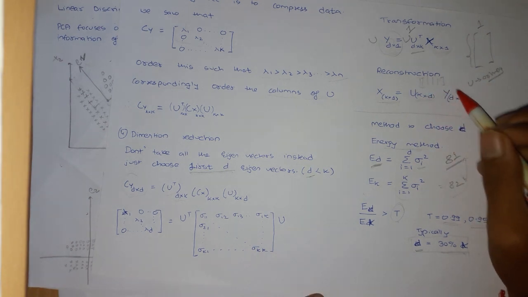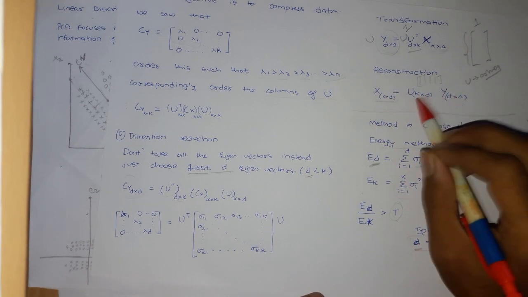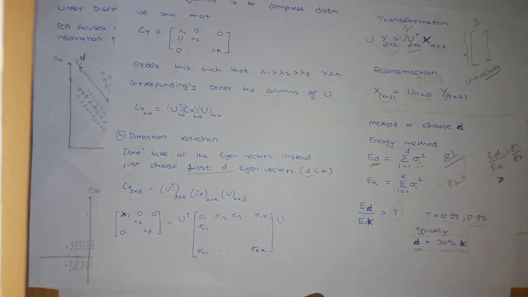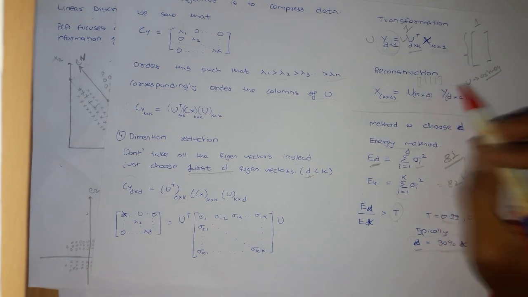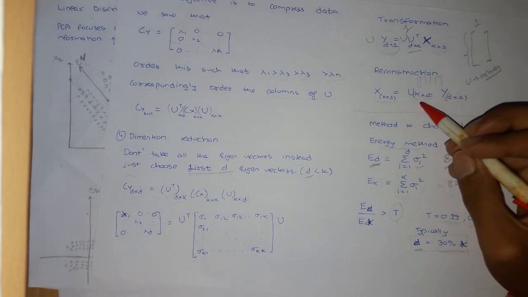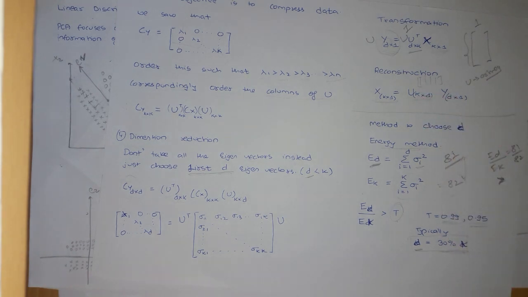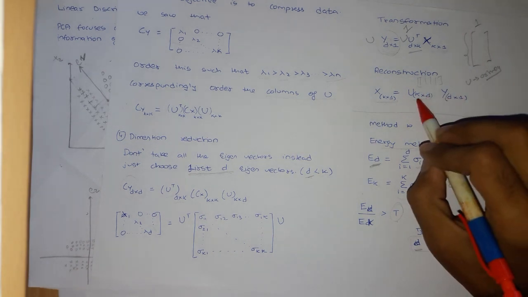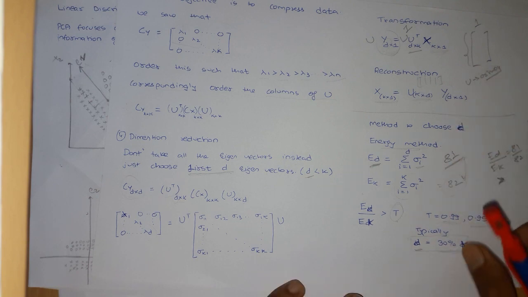In order to go from the transformed space to the actual space, you have to multiply these two things, and these matrices depend on k and d: the dimension of the total matrix, and how much you are compressing it. This is quite computationally expensive if k is very large, where k is the dimension.